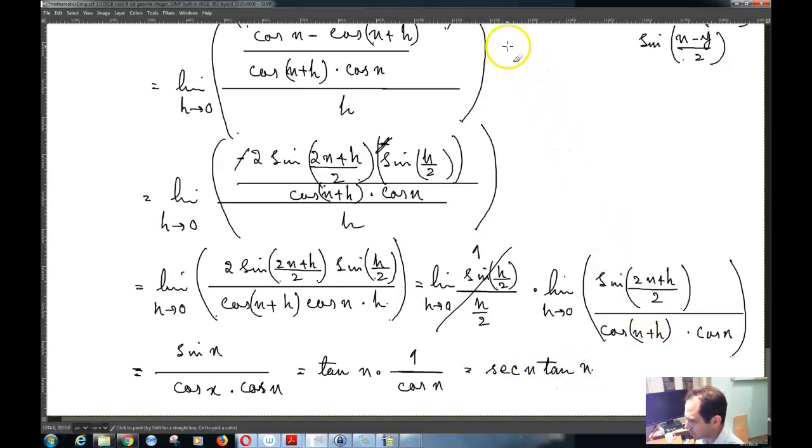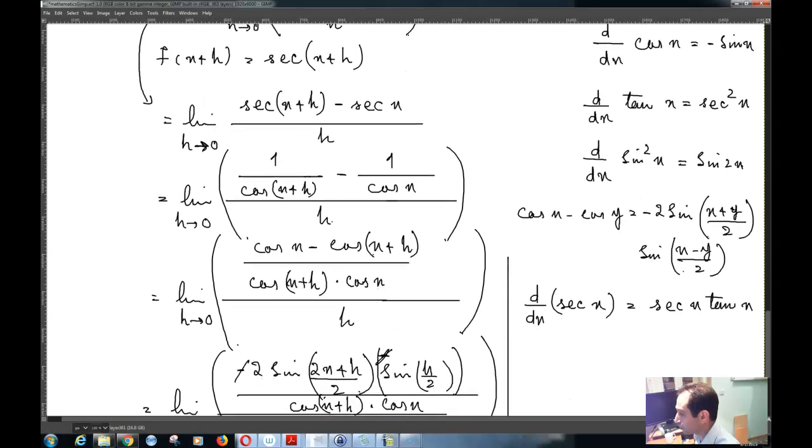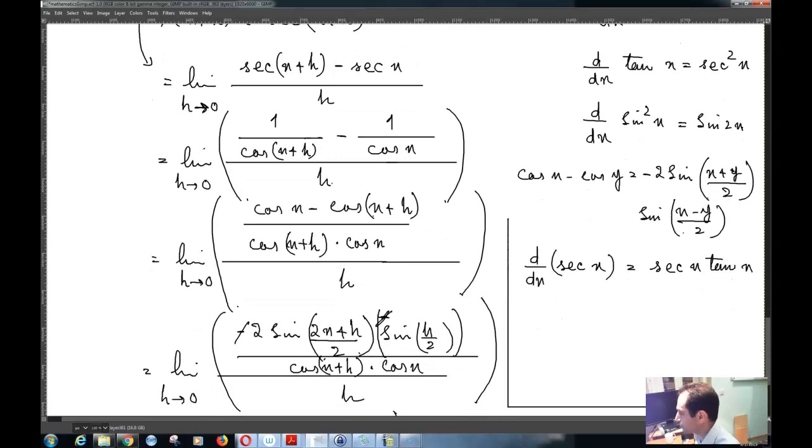So that means that when you have the derivative, d by dx of secant x, is equal to secant x tan x. So that is one more thing that we can add over here.